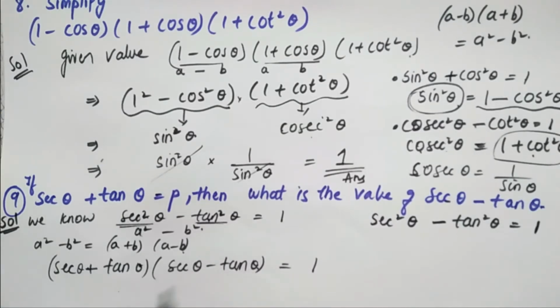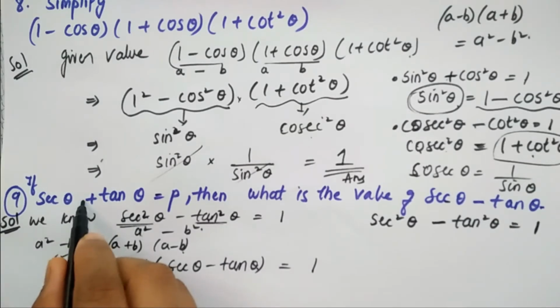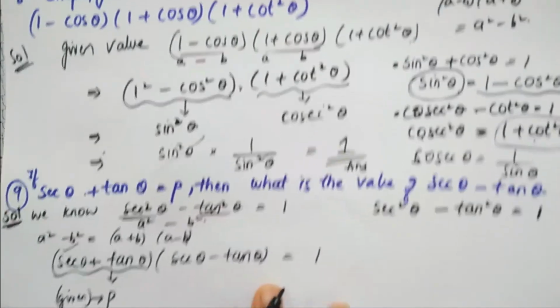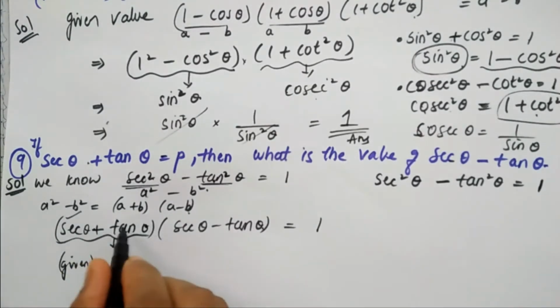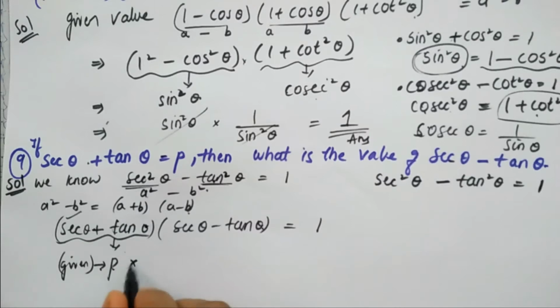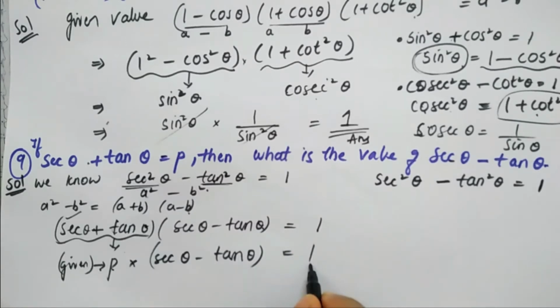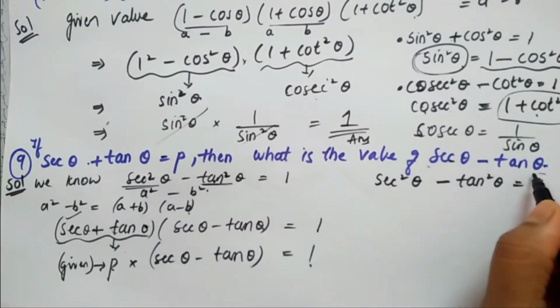So in our problem, what is given? This value is already given as P, right? So this value will be replaced by P. It is given. Okay, this given value is P. So secant theta plus tan theta is P, into secant theta minus tan theta, is equal to 1. What we have to find out is secant theta minus tan theta.